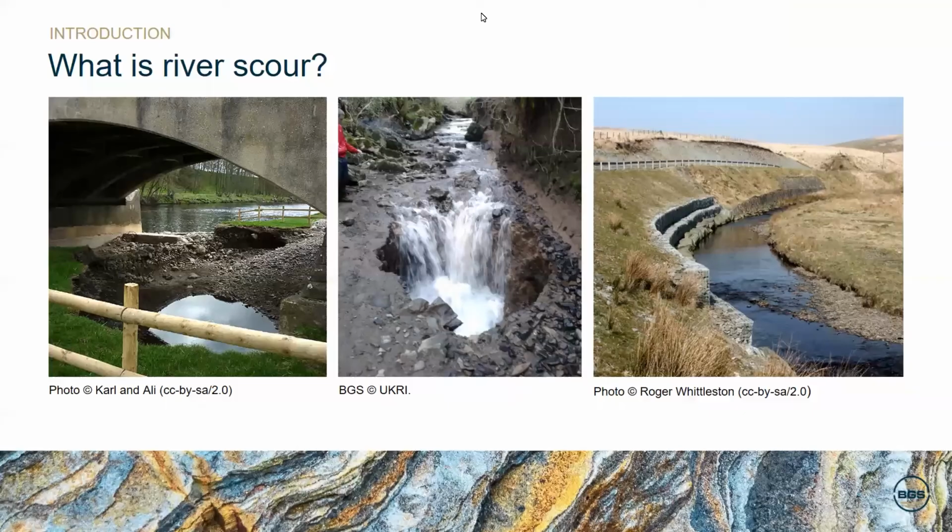Thank you, Katie, for the introduction. I will start by giving a brief overview of what is river scour and why it is important. River scouring is the removal of sediment or engineered materials from the bed or banks of a watercourse. It occurs when the forces imposed by the flow on a sediment particle exceed the stabilizing forces.